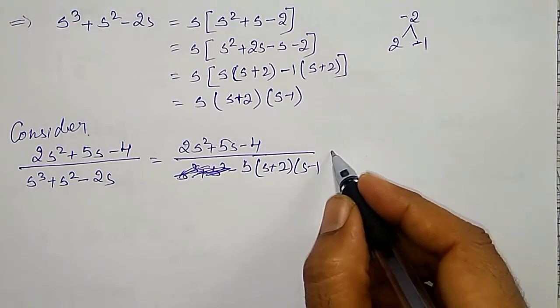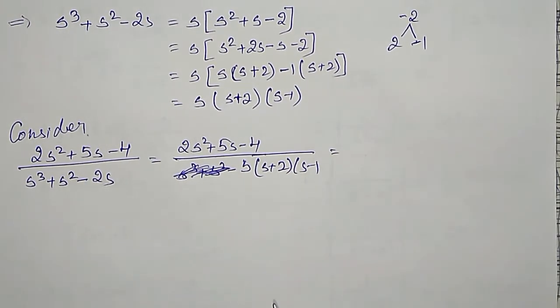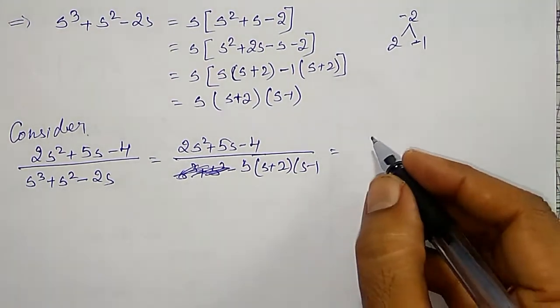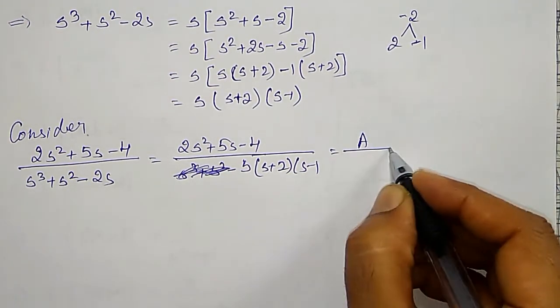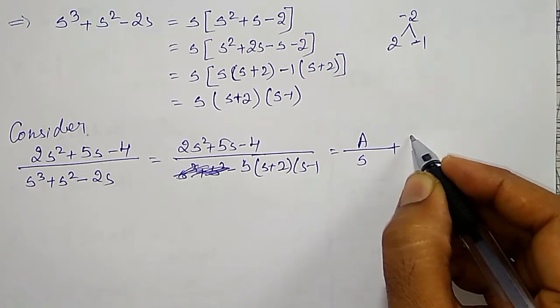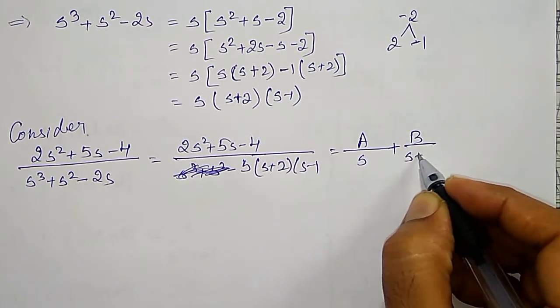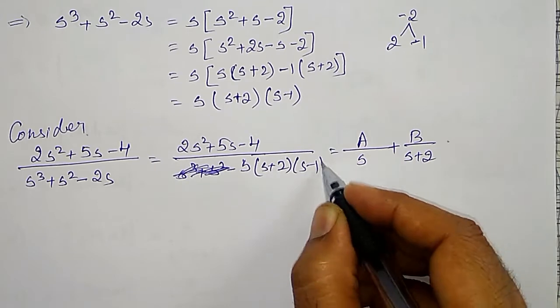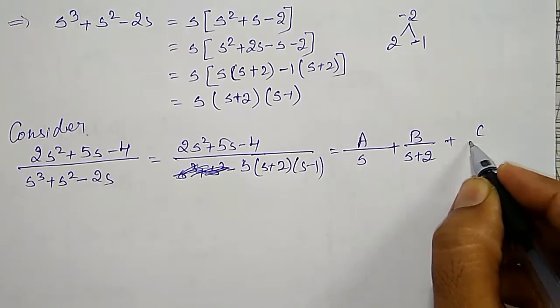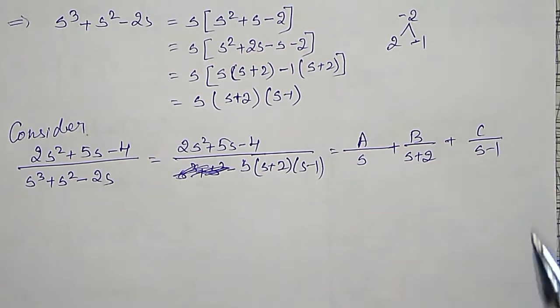Then I can write the partial fractions of this as A divided by s plus B divided by s plus 2 plus C divided by s minus 1.